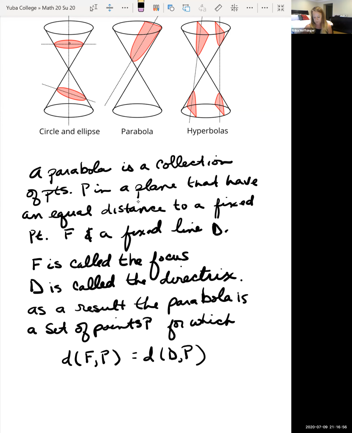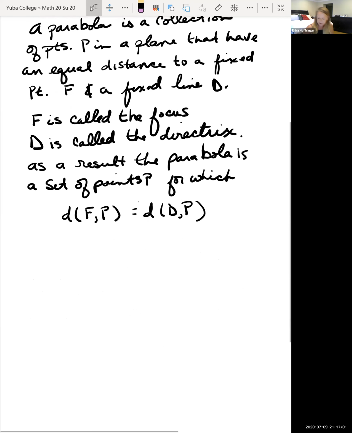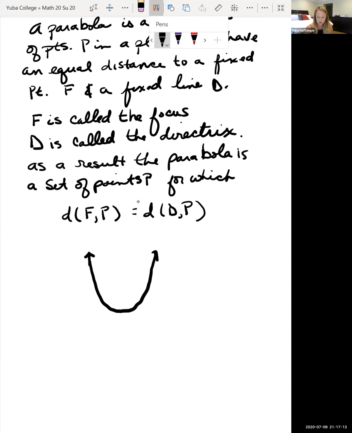Okay, let me draw a shape. So basically we have some parabola, and there's going to be some focus. The parabola is always going to be facing towards our focus. And there's some fixed point in here, and I don't know exactly where it is.